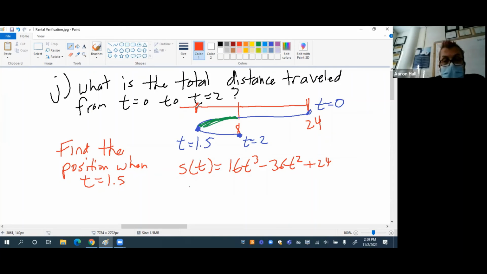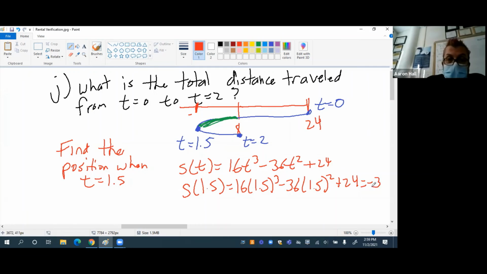We plug that in. What do we get? You got -3. So this is -3 right here. That's our position. Our position is -3 here when t is 1.5.